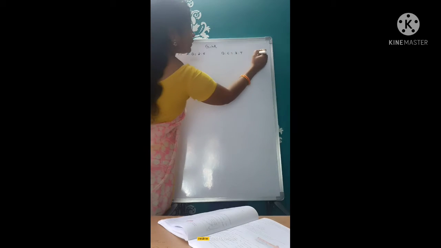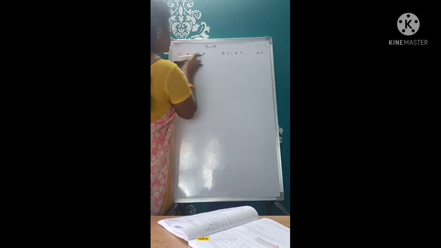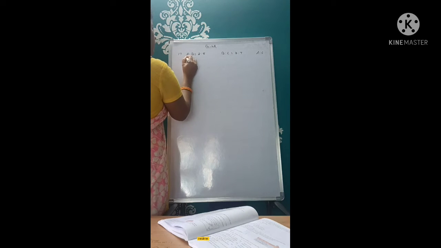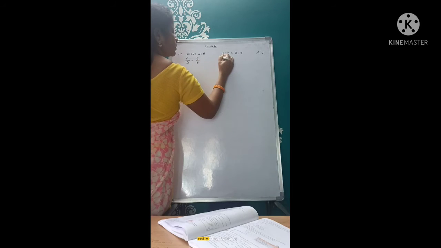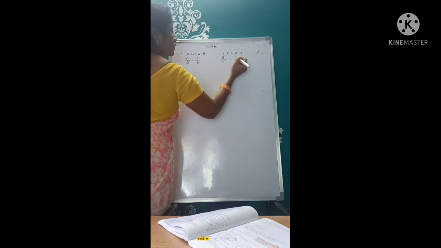So we have to find A is to C. Okay. So now write down A by B equals 2/5, B by C equals 3/7.